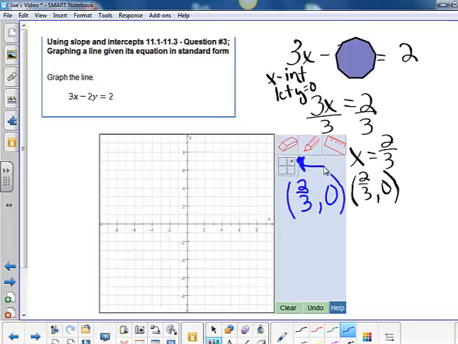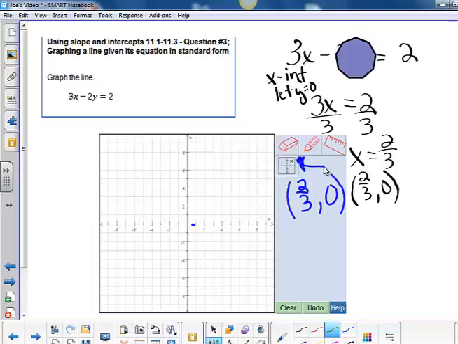So the x-intercept is about 2/3 and 0, so I'm just going to try to guesstimate, and I'm going to say it's about right here, okay? Use the graphing tool. Don't guesstimate. Use the graphing tool, all right?